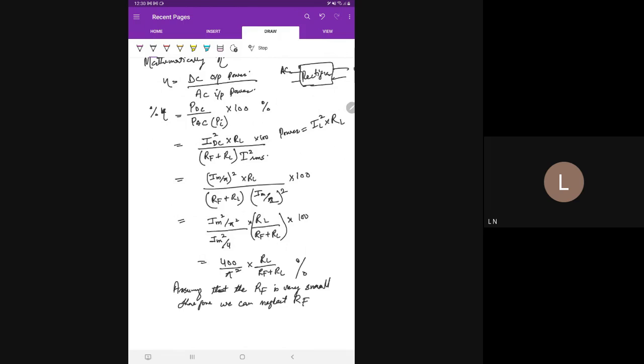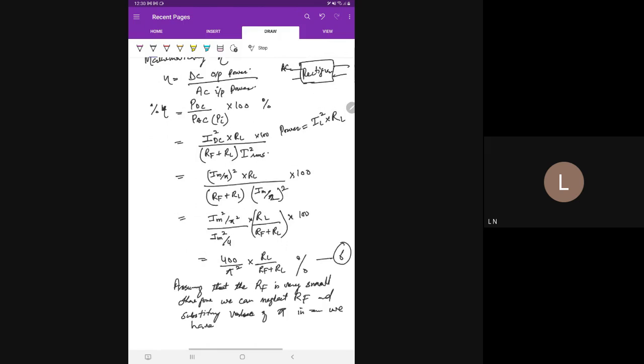And substituting the value of pi in equation, say for example 6 we have. So what will we obtain then?